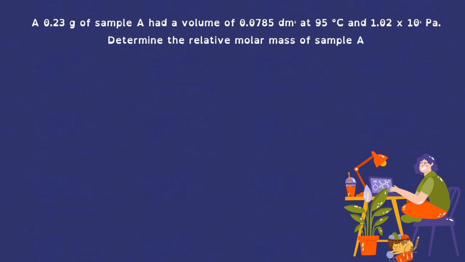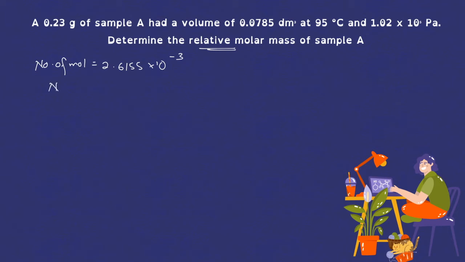From the previous calculation, we get the number of mole is equivalent to 2.6155 × 10^-3. So you were asked to calculate the relative molar mass.